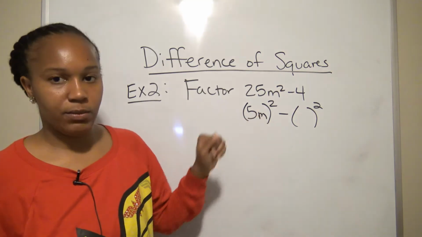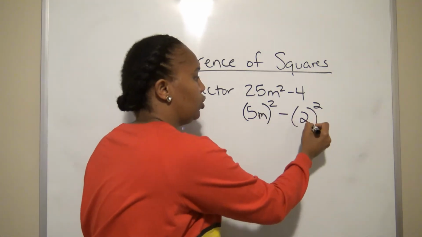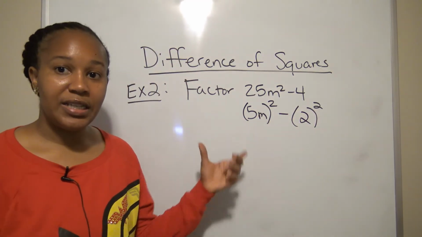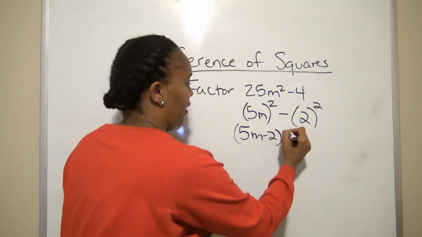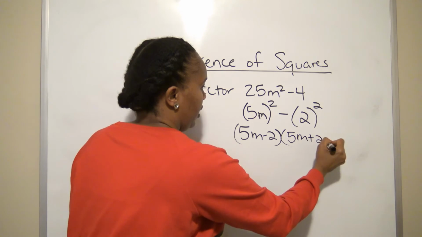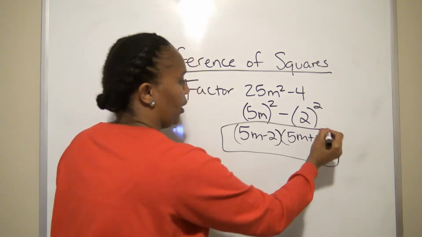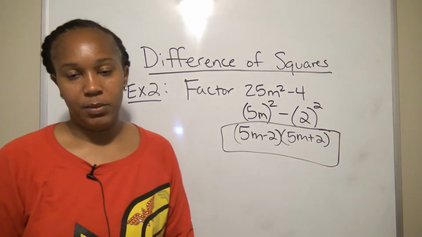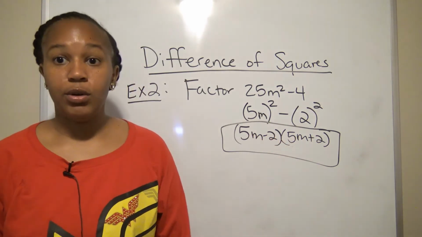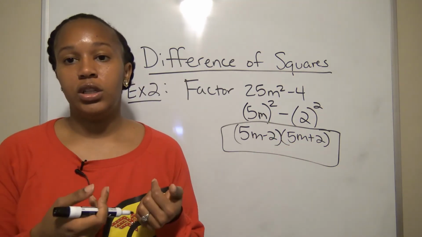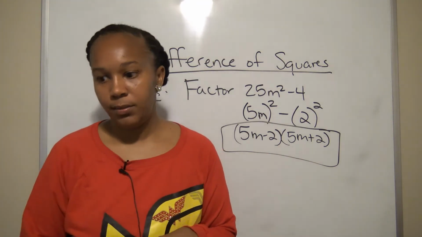That'll give me 25m squared. 4 is 2 squared. So since this is the difference of two squares, this factors into 5m minus 2, 5m plus 2. Again, it doesn't matter which one I write first, because multiplication is commutative, meaning you can switch it and you get the same thing. A times B is B times A.